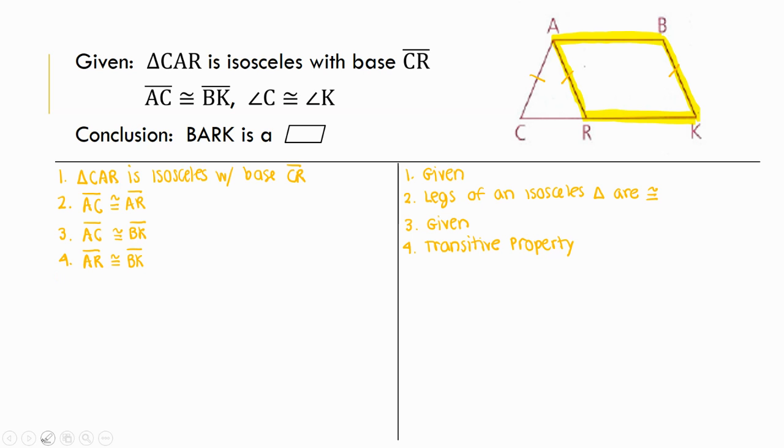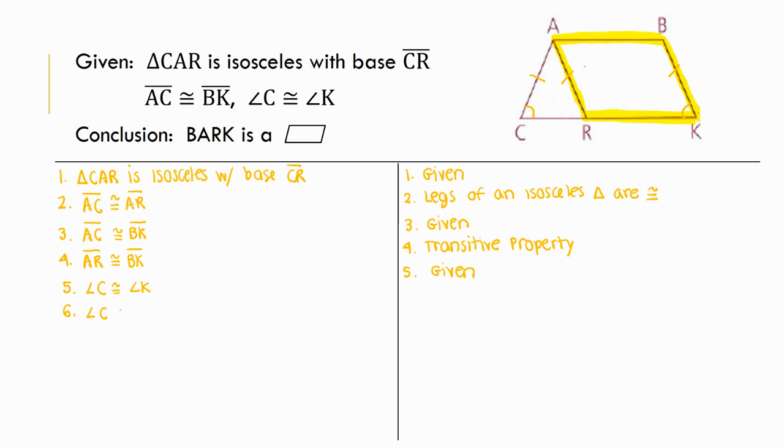All right. If I then continue with the next piece of given information, I know that angle C is congruent to angle K. So those two pieces are congruent. Okay. However, let's think about this for a second. I know that because I have an isosceles triangle and I have then the two legs congruent, I actually can continue to expand on that just a little bit further.